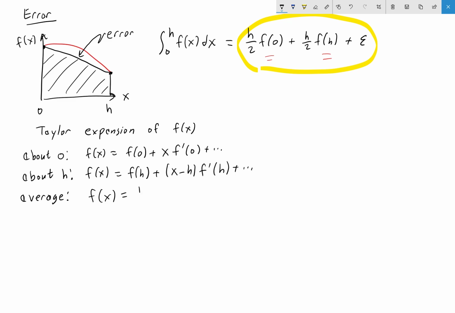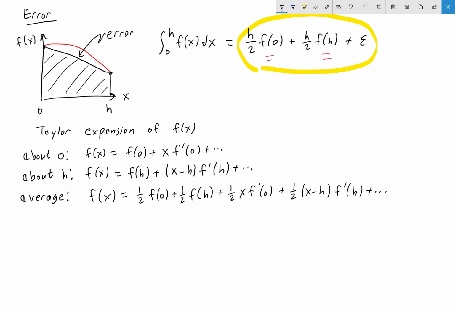So f of x is going to be equal to 1/2 f at 0 plus 1/2 f at h. And then looking at the next term, we'd have 1/2 times x times f prime of 0 plus 1/2 x minus h times f prime at h, and then so on with the other higher order terms.